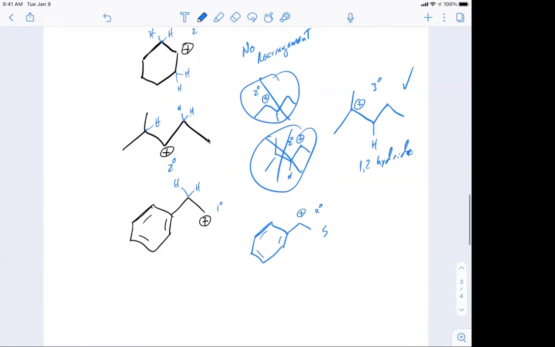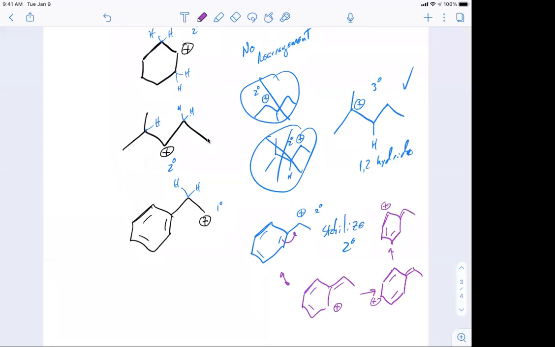No, this is a stabilized secondary, because I can delocalize that carbocation through the ring, and I could draw several resonance structures of that same carbocation. Okay, so with rearrangements, we need to be looking at those.